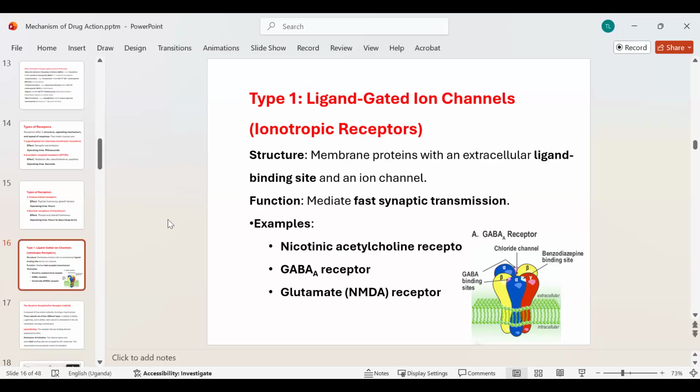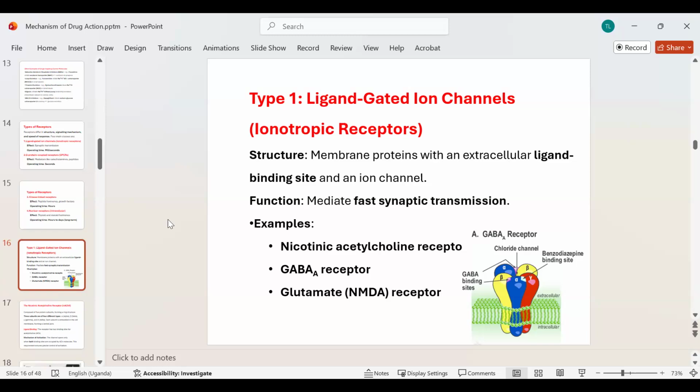It really depends on the ion that is entering, whether it is positively charged or negatively charged. The hyperpolarization I was talking about, I was referring to the chloride ions, which are negatively charged.